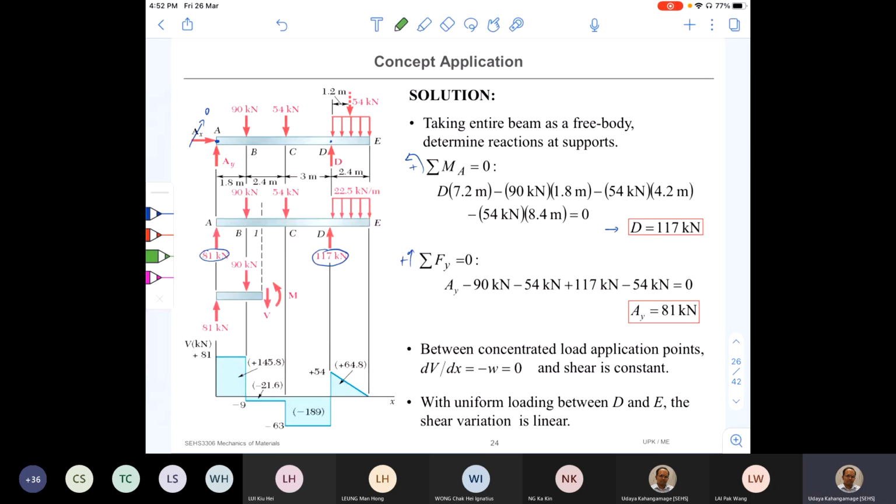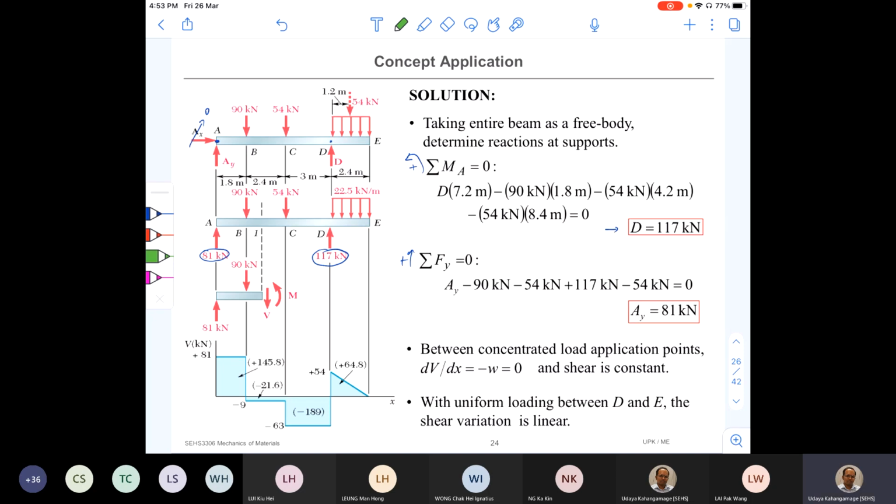Okay, now let's try to draw the shear force diagram directly without writing any equations. From A to B, there are no other loads, right? First establish the shear force at point A. Previously we saw that the shear force at the point of reaction is equal to the reaction force.